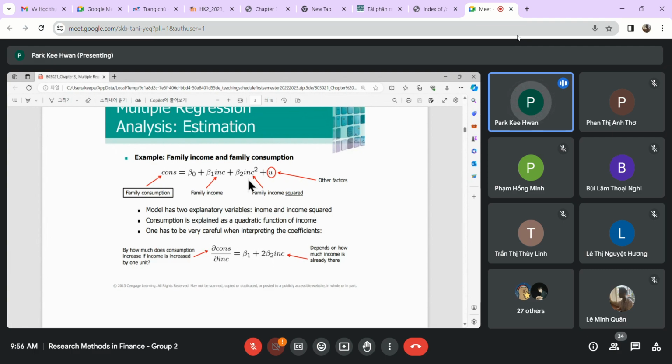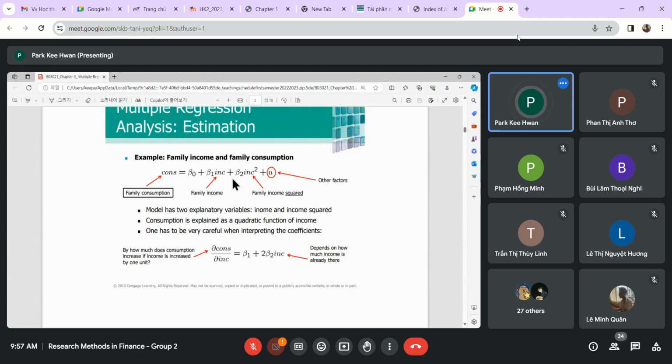If you do not have the second term, then this partial derivative will be only beta 1. In that case, the marginal propensity to consume is the same between lower income family and the higher income family. But when you have the quadratic function, we can differentiate the marginal propensity to consume between lower income family and the higher income family. So this quadratic consumption function makes more sense.